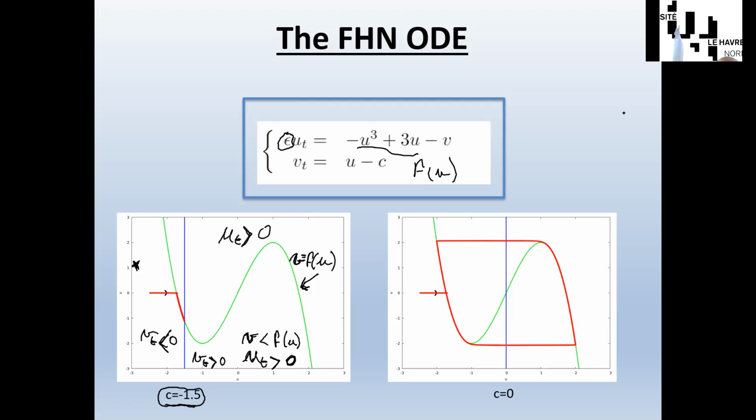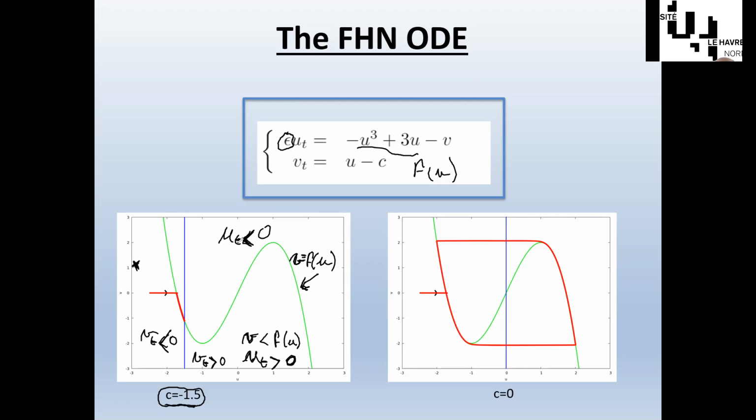Here u_t is less than 0, right? Yeah, here v is greater than f of u, so f of u minus v, which is u_t, is negative. In fact, it's not u_t, but epsilon u_t. So that's the point.